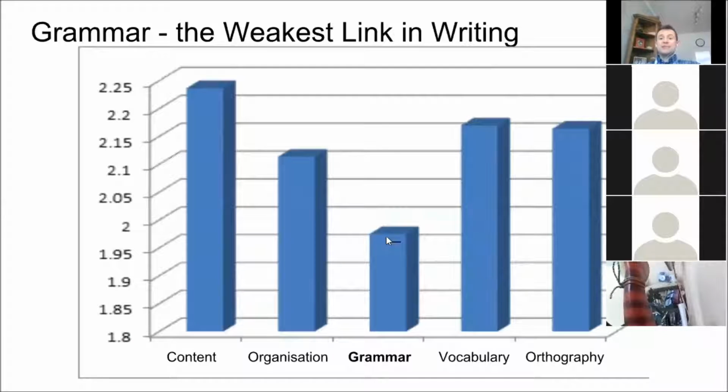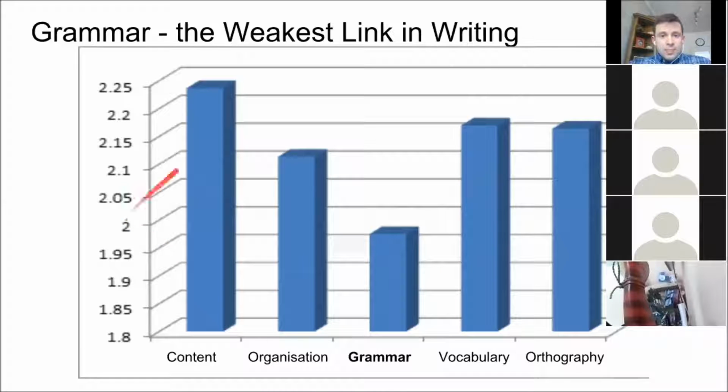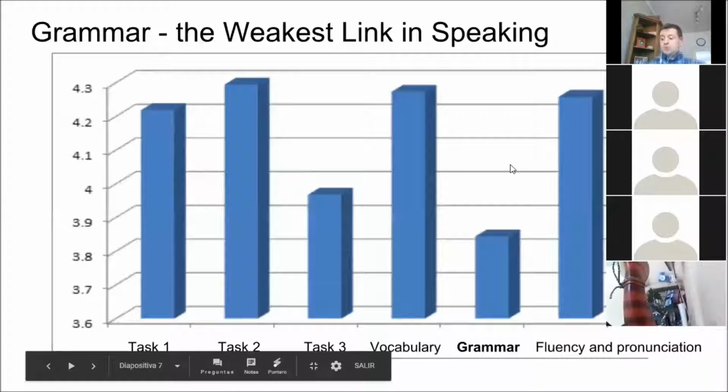And as for the criteria in the writing, this was fascinating for me. Overall, the grammar marking criteria was the weakest point for students overall in Latvia. And this was mirrored in the speaking part, where again grammar was our weakest link from all of the different criteria.